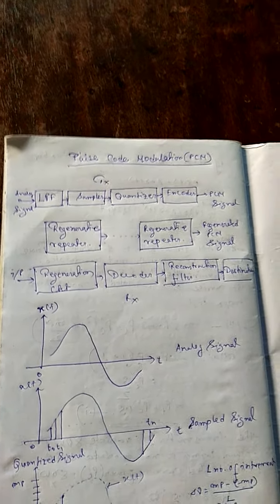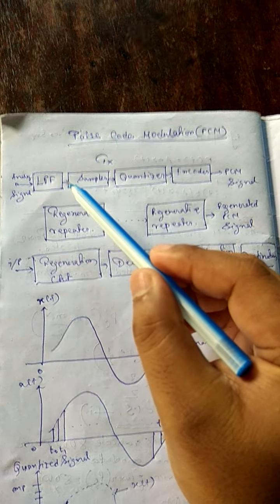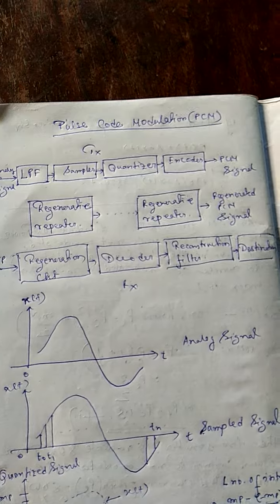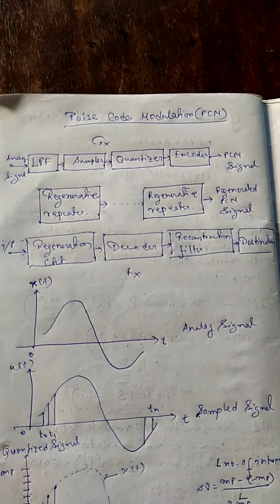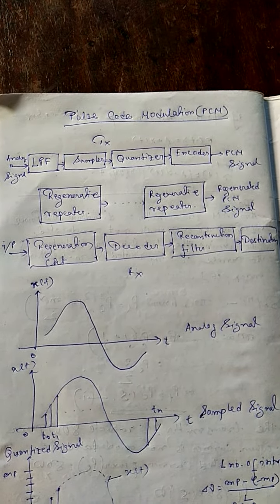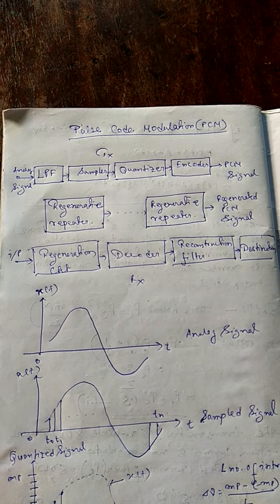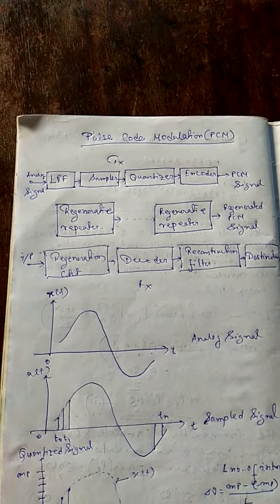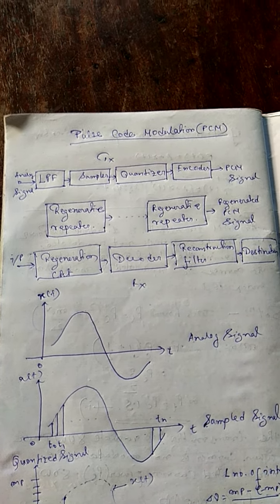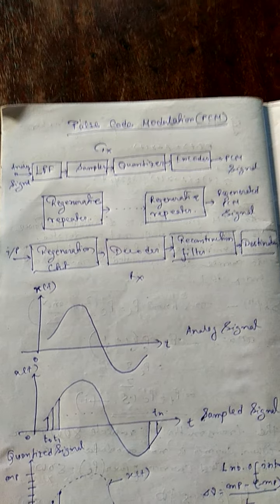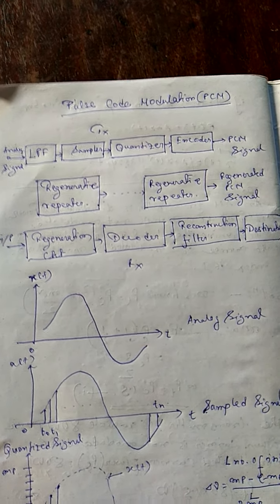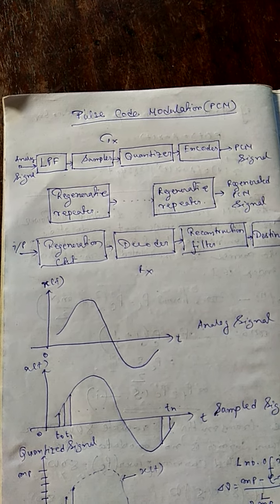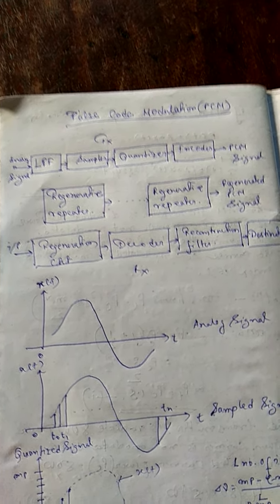After that we pass that low frequency signal to a block called the sampler. The word sampler comes from sampling. Sampling is a type of chopping. Suppose we have a bread, and if we chop that bread, it becomes slices of bread. So a sampler is a circuit by which we sample the signal along the x-axis.